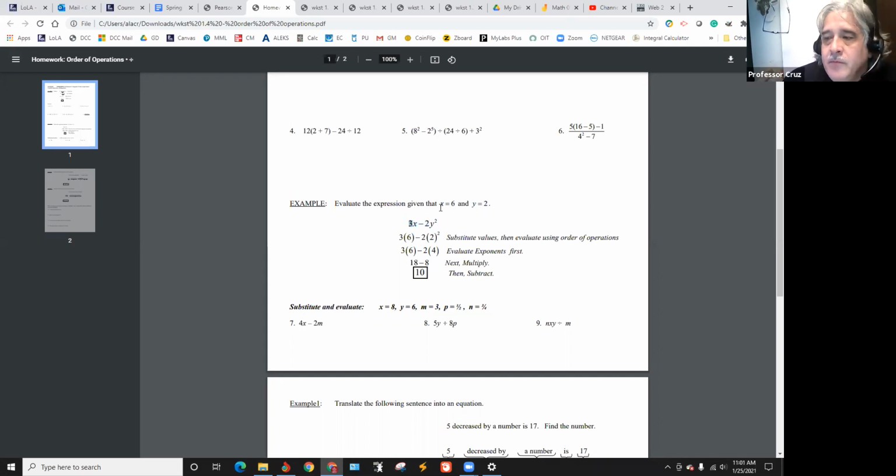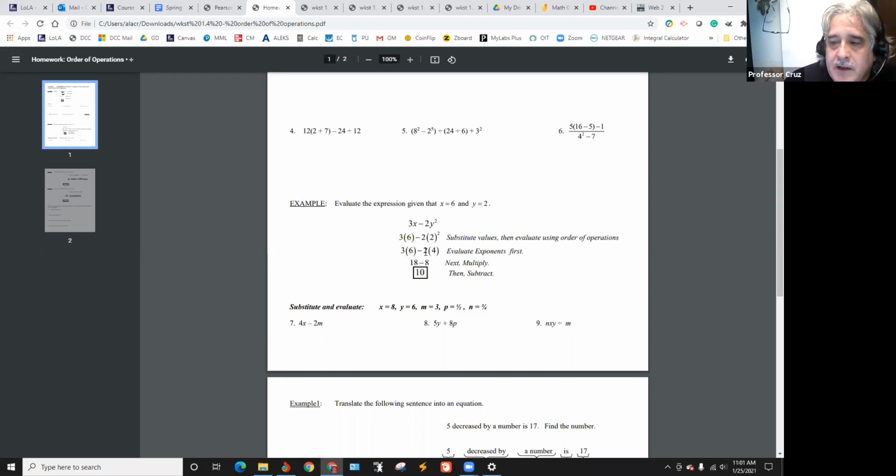So 3 times 6 minus 2 times 2 squared. Remember, y is 2. Now, what's being squared is the 2. So we have to handle that first since this is an exponent. 2 squared is 4.